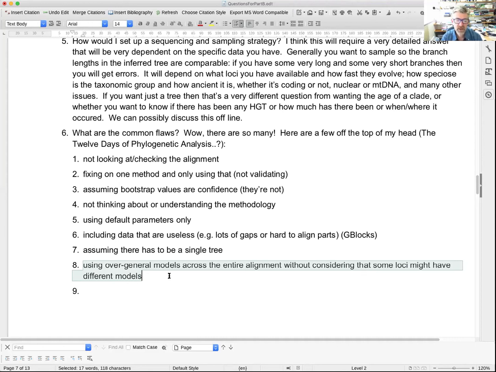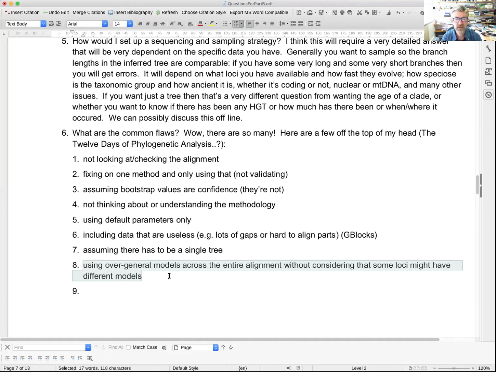And the initial analysis had been done using the GTR, general time reversible, plus I. So I is a certain proportion of the sites are invariant, they can't change, plus gamma, and the gamma part means that some sites are evolving faster than others. So we're accommodating variable rates of evolution across sites.